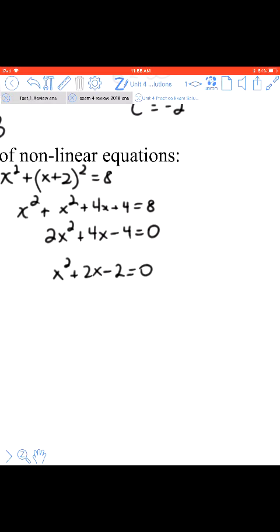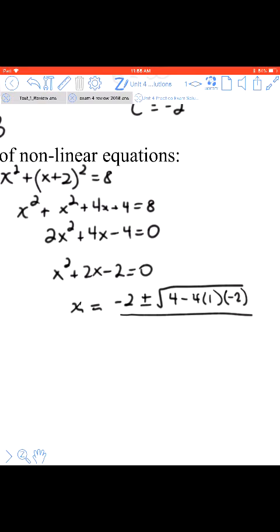the quadratic formula. So x equals the opposite of b plus or minus the square root of b squared minus 4 times a times c all over 2a.